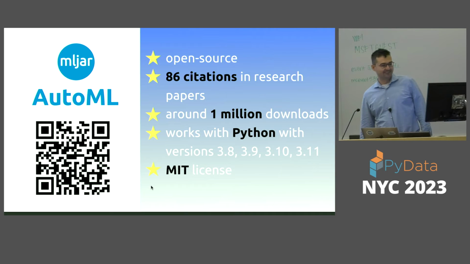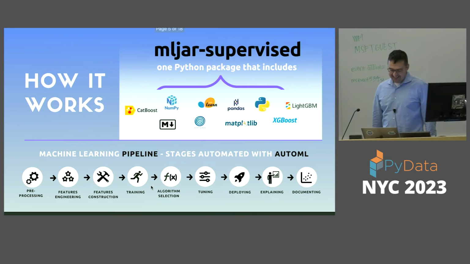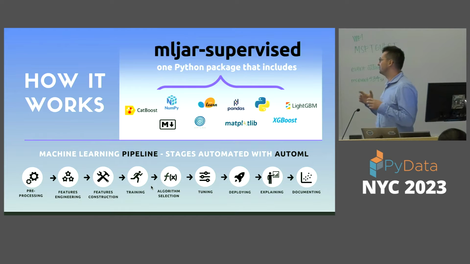People are using it in some research papers. I'm very surprised with this, but it's okay. This AutoML integrates a bunch of packages from the Python ecosystem. It works with tabular data and it automates the full pipeline of creating a machine learning model.